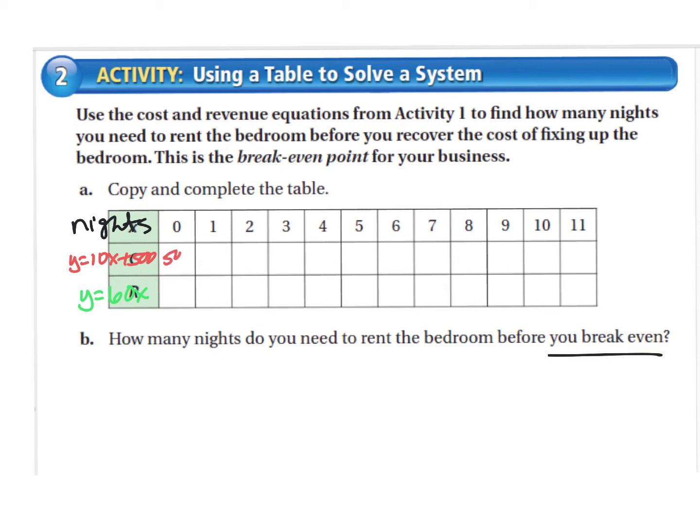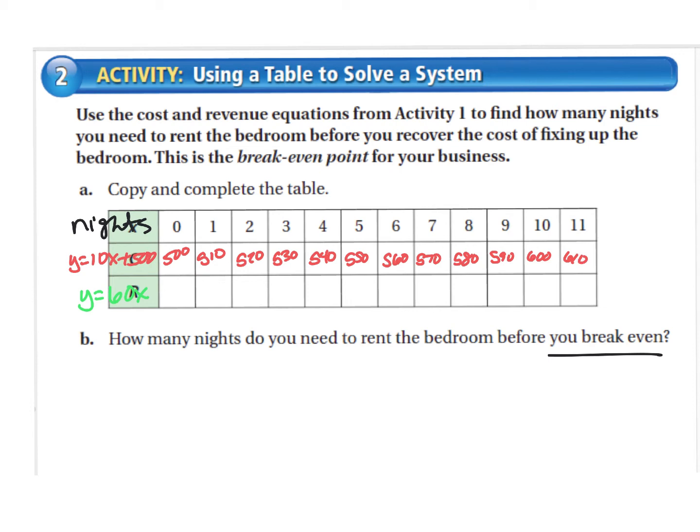So 0 nights, we still spent our $500, and then we go up by 10. So 510, 520, 530, 540, 550, 560, 570, 580, 590. Here we have 600 and 610.